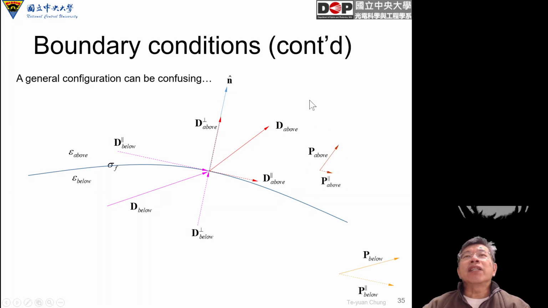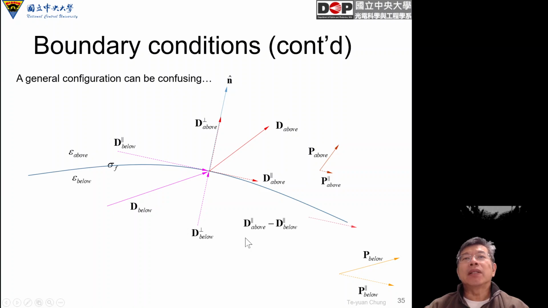If the above part has a polarization along some direction, not necessarily along D or the electric field, you can split it into the above parallel direction and the perpendicular direction as well. But because the perpendicular component is not going to be used, we are not going to talk about it now. And the below part also has its polarization direction and parallel component.